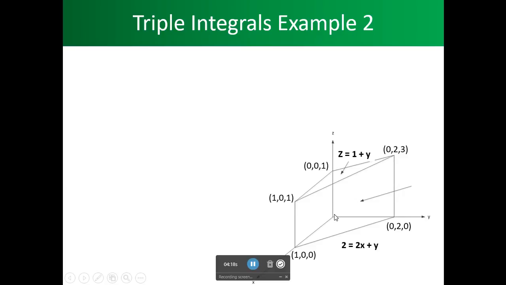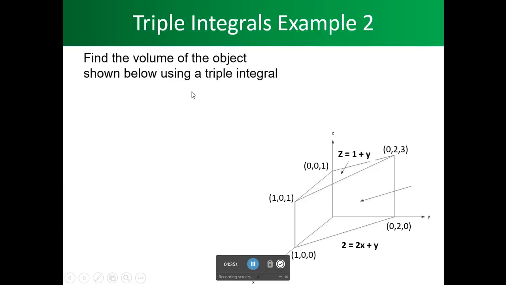This corner here is 0, 0. This one goes up to 1. This corner here goes over to 2. This corner here goes over to 3. So we have all of these things that we need to take into consideration. Find the volume of the object shown below using triple integration.